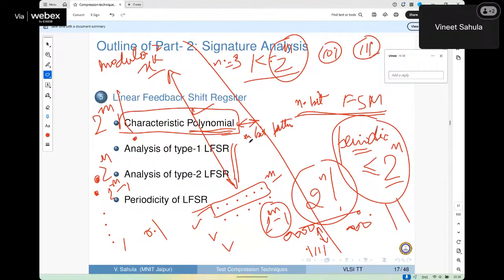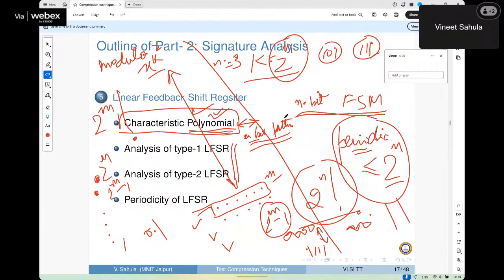We can represent an m bit pattern by a polynomial, and whatever operation we do between patterns, we can actually do those operations with polynomials. That's the beauty about polynomial algebra, which is Galois field algebra, modulo 2 algebra. It has a perfect correlation with bit patterns of modulo 2 arithmetic.